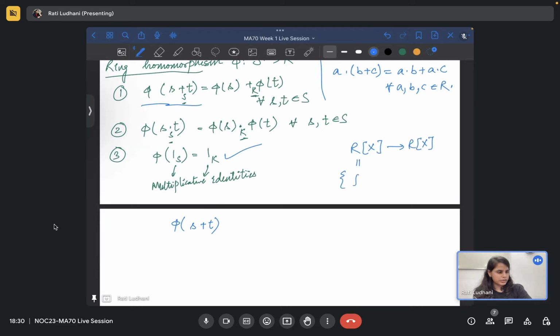This is a polynomial ring, f(x), where f is a polynomial with coefficients in R. You can easily check that this is a ring. Now phi of s plus t should be phi of s plus phi of t in the same ring, because domain and codomain are the same in this scenario.